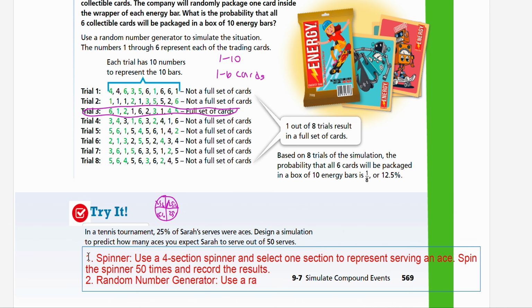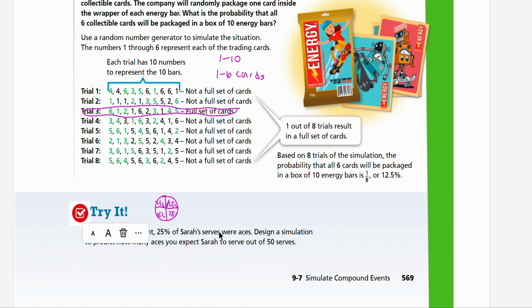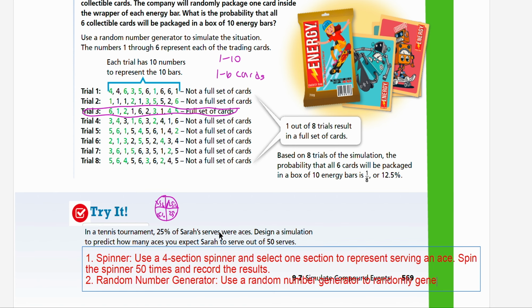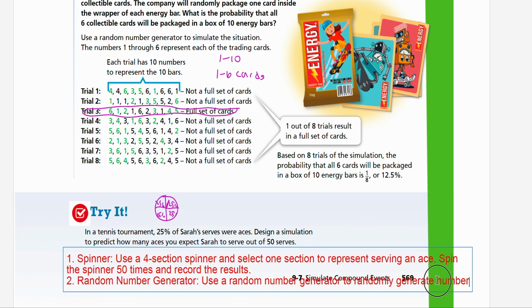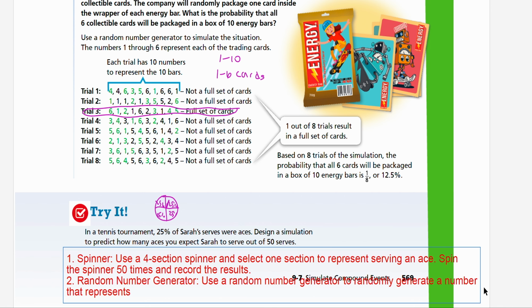Use a random number generator to randomly generate a number that represents serving an ace.